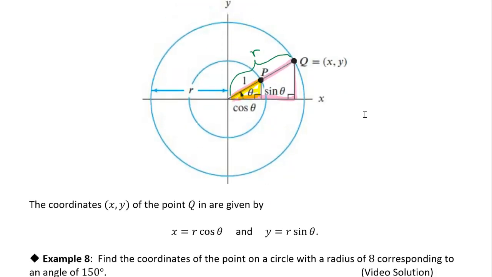So the coordinates on a circle of radius r are going to be: the x-coordinate is r times the cosine of theta, because the cosine of theta is the x-coordinate on the unit circle, and then we're just scaling that side length up by a factor of r. And the y-coordinate on a circle of radius r is r times sine of theta. So we're just taking the vertical leg of the triangle and scaling it up by a factor of r.